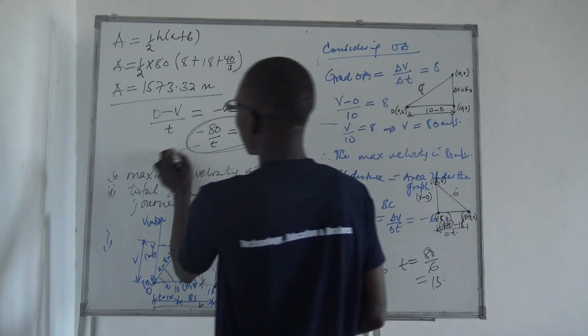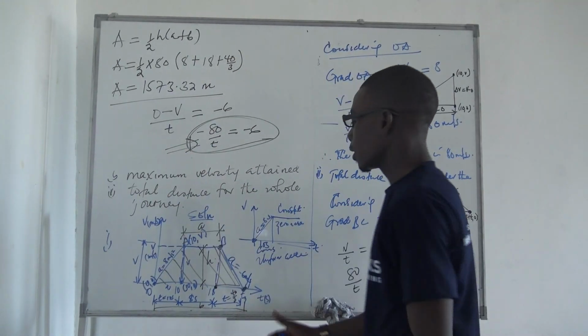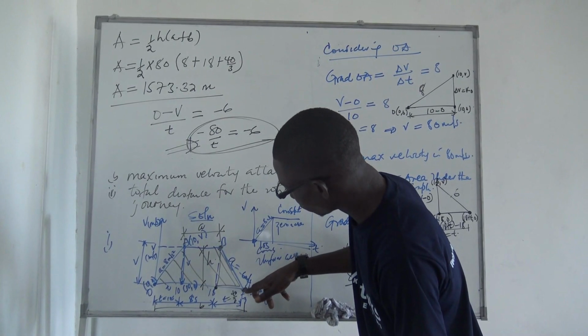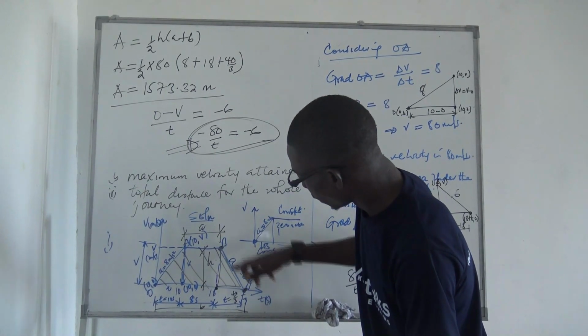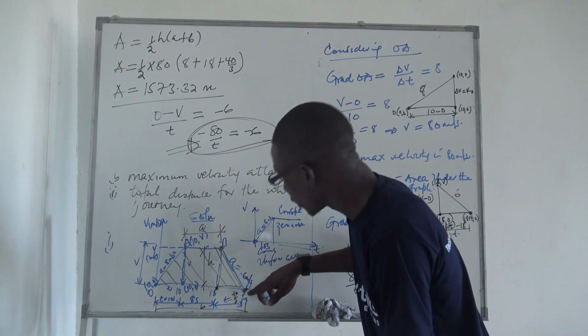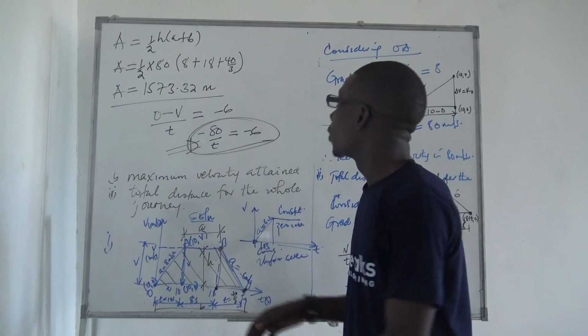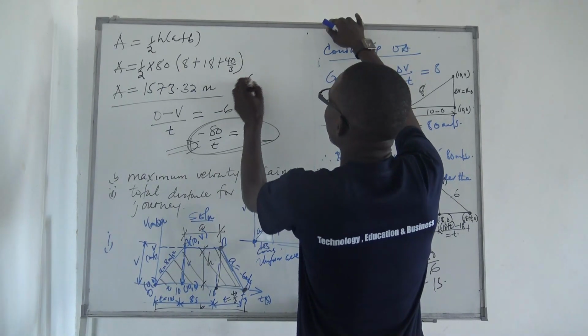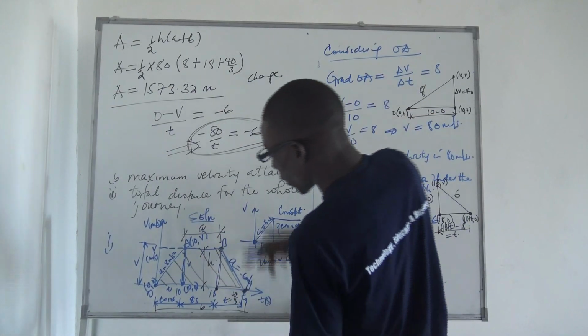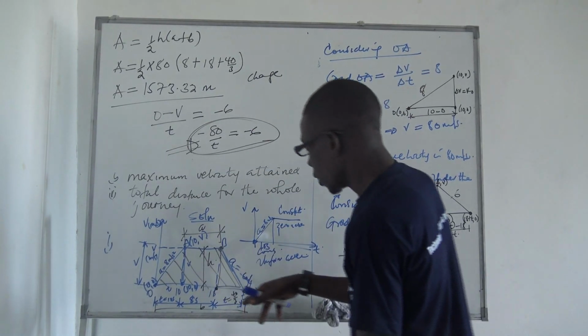But it is very important for you to master that if the velocity is changing, the bigger velocity is here. The final velocity is here, and this one is the initial. When you're looking at a gradient, you look at final minus initial, divided by also final minus initial.